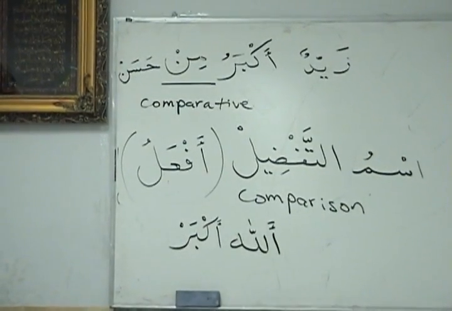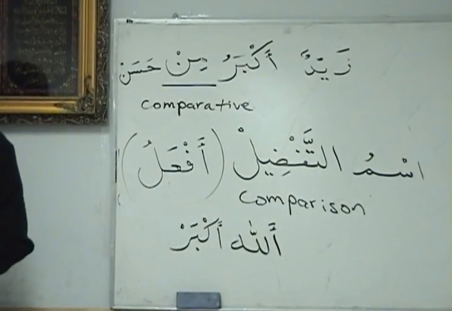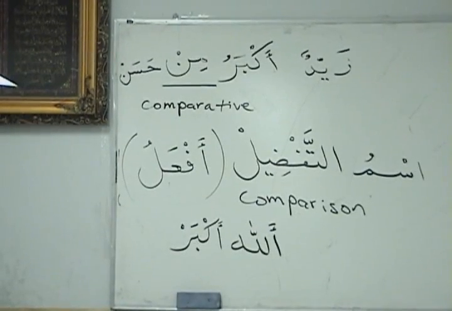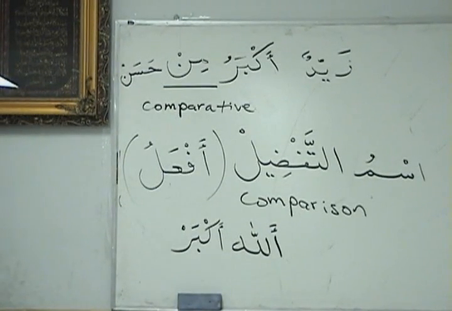Okay? Or you can say Zaydun asgharu awladi. Zayd is the smallest of my children. Zaydun asgharu abnai wa awladi. He is the smallest. So that's superlative.